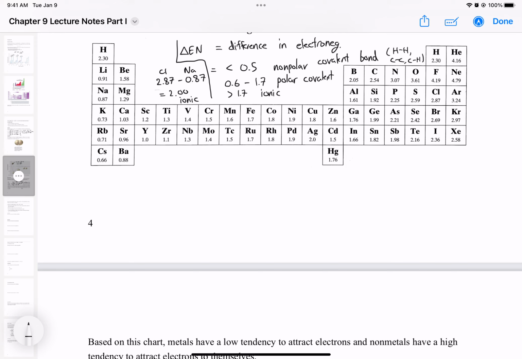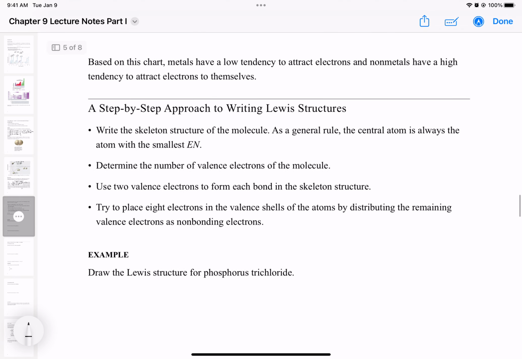And non-metals tend to gain electrons, right? So they're going to have high electronegativity values when they're in a chemical bond. So that's why these values tend to go a certain way in their trend. And that has to do with the fact that metals want to lose electrons, and non-metals want to gain them. Okay. All right. So let's go to the step-by-step approach to writing Lewis structures. So first, we write the skeletal or skeleton structure of the molecule.